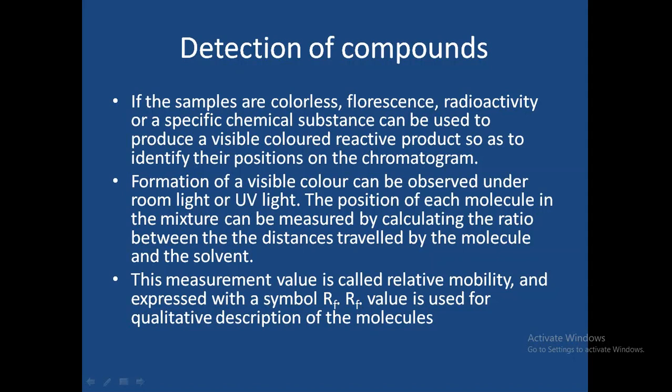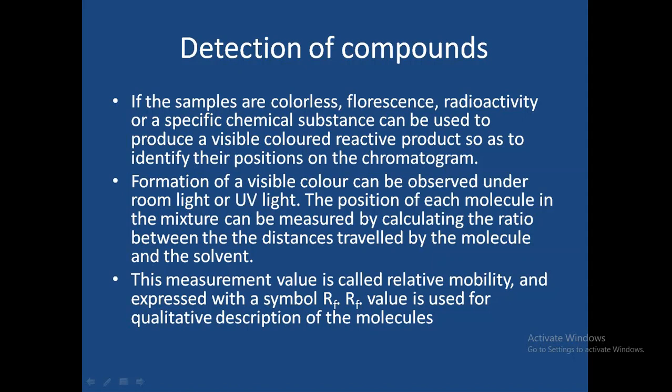For example, if you want to separate amino acids using paper chromatography or thin layer chromatography, in order to determine the RF value, you will have to find out the RF value. RF value is arrived at by the distance moved by the solute divided by the distance moved by the solvent.